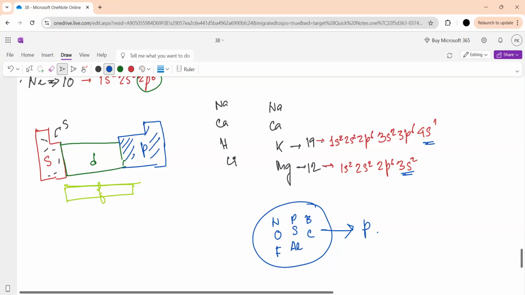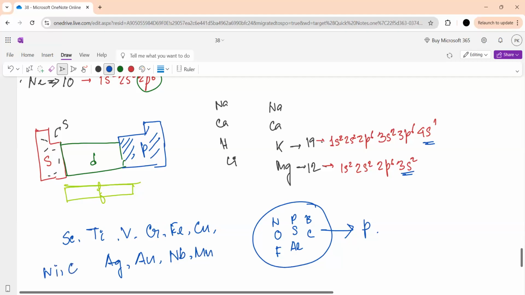And similarly, we have seen titanium, scandium, vanadium, and more of these like chromium, iron, copper, then silver, gold, niobium, then manganese, nickel, cobalt.